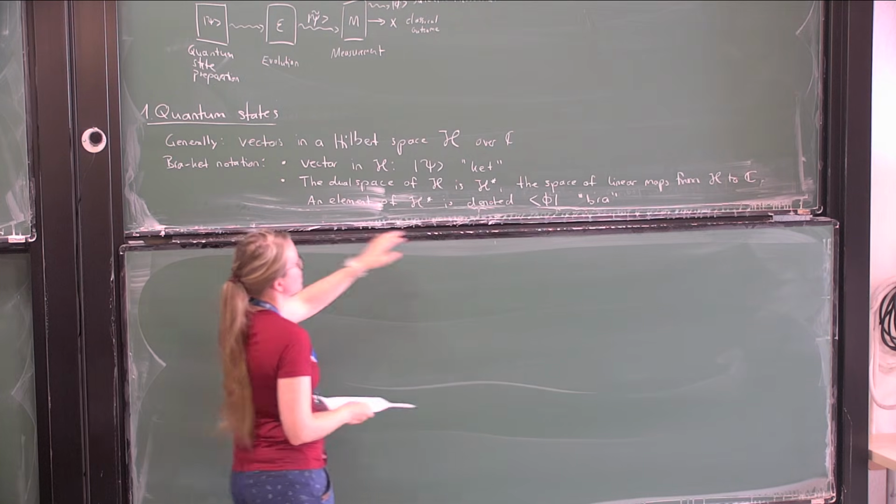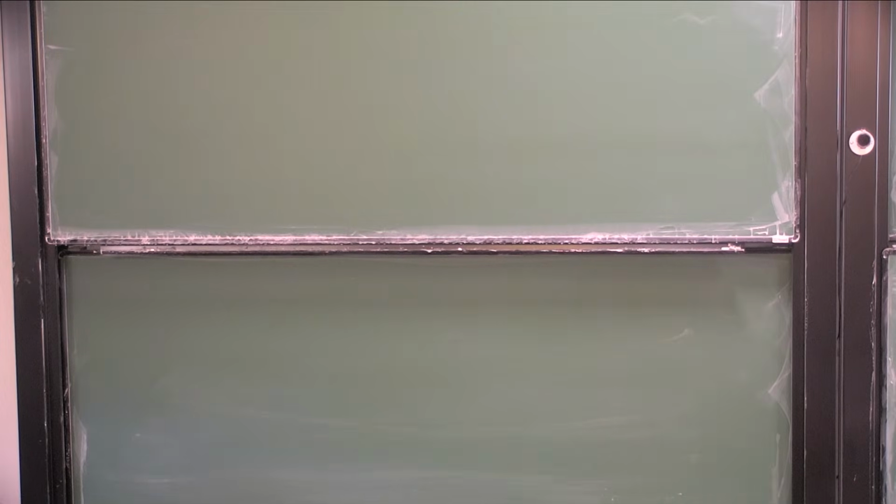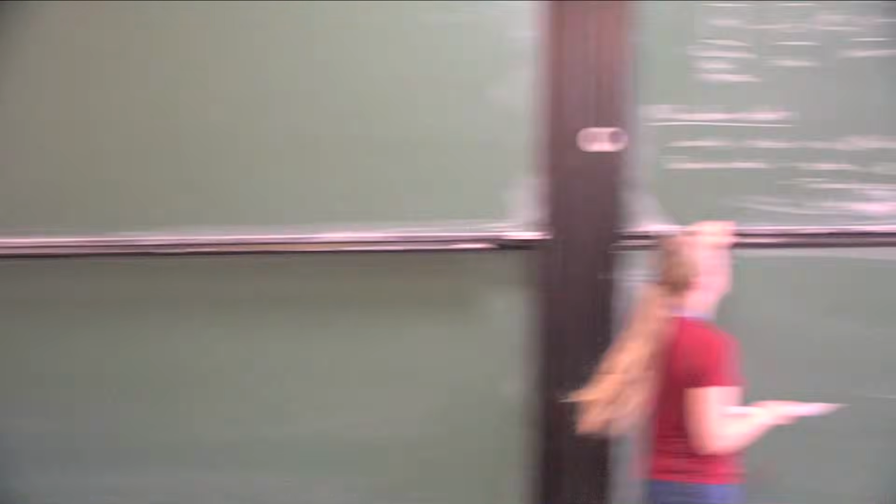And you can see if this is a map from H to C, then if I apply it to a vector in H, I get a complex number out of it.